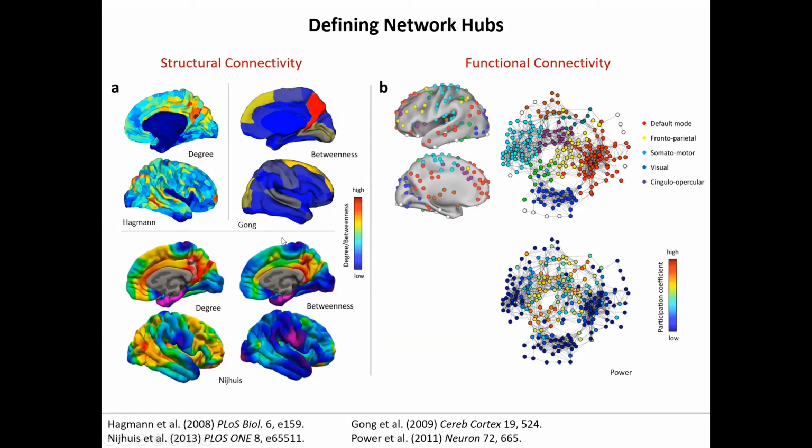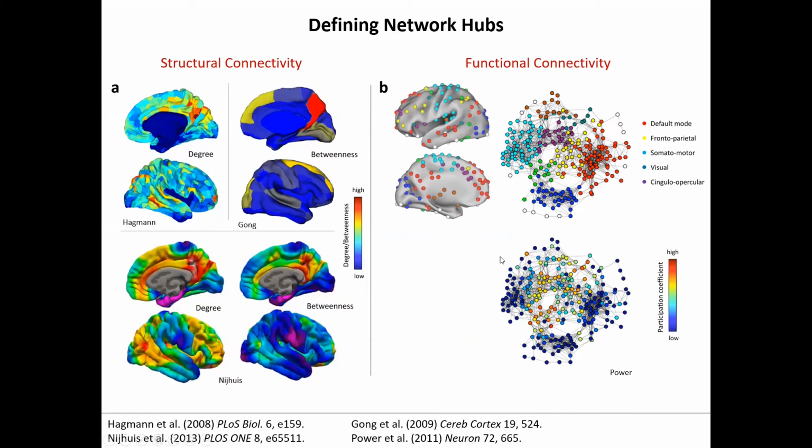In fact, if we do this in different studies with different imaging cohorts and different scanners, we find a pleasing level of convergence across studies, with structural connections having high degree and high betweenness in the medial parietal cortex or the precuneus region, which is very highly connected in structural terms.